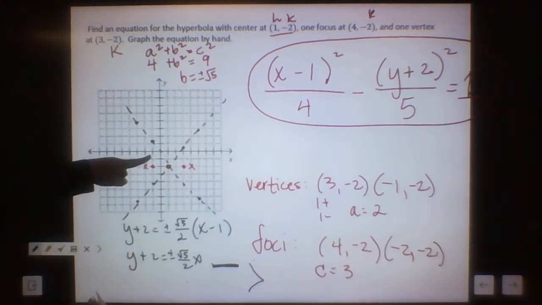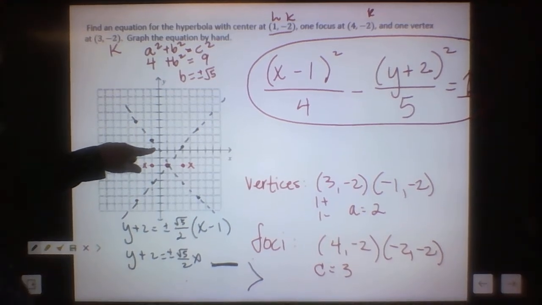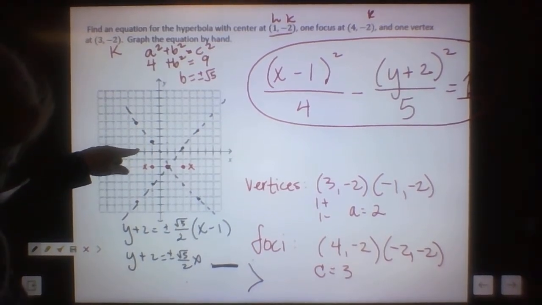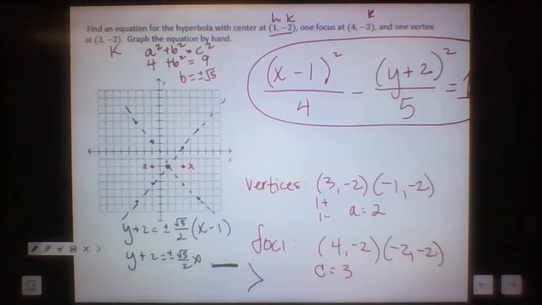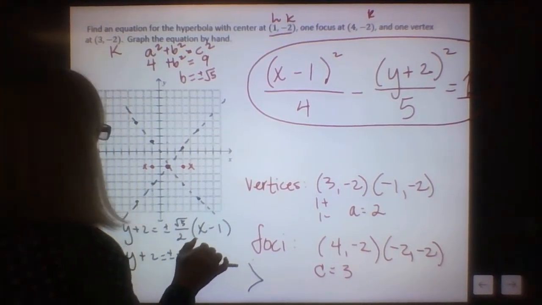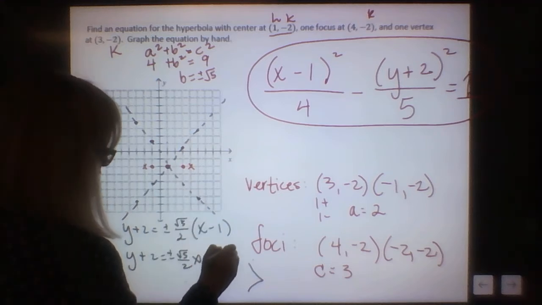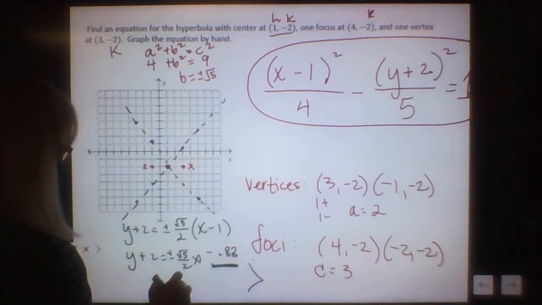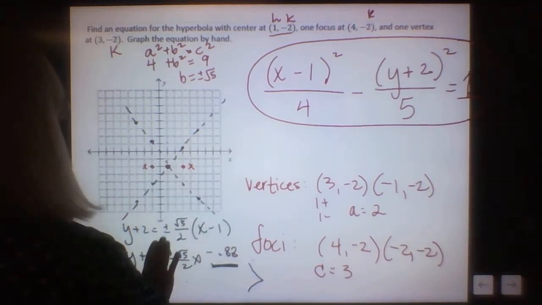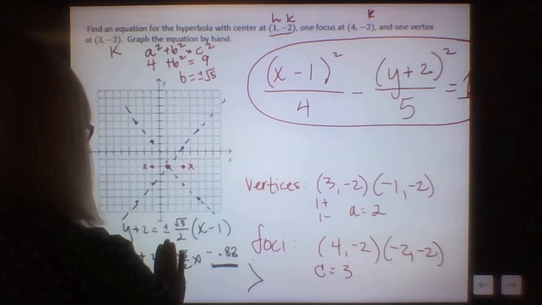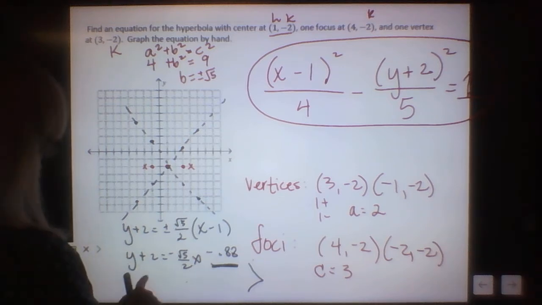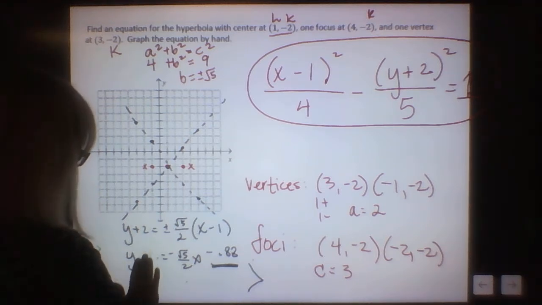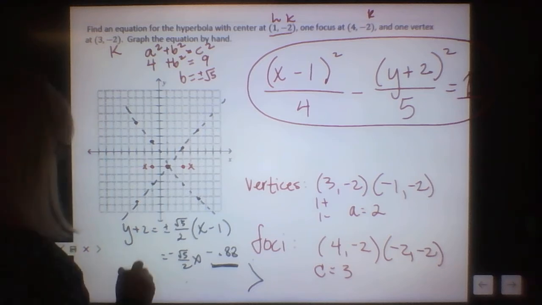So this y-intercept, it's not going to be 0. It'll be close to it. I figured it out. It's 0.88. So this, if you wanted to figure it out, it's actually negative 0.88. Okay, and that's if you use the negative one. And then you have to add 2 to it, right? So you'd have to work it all out.